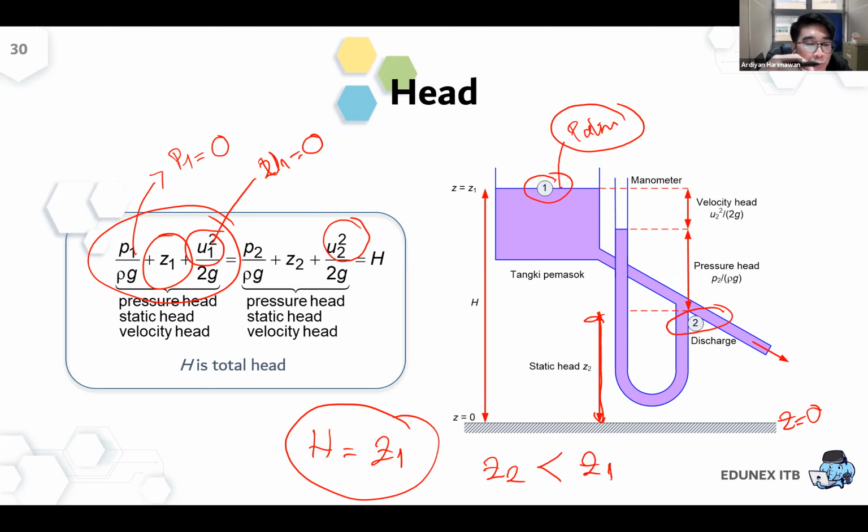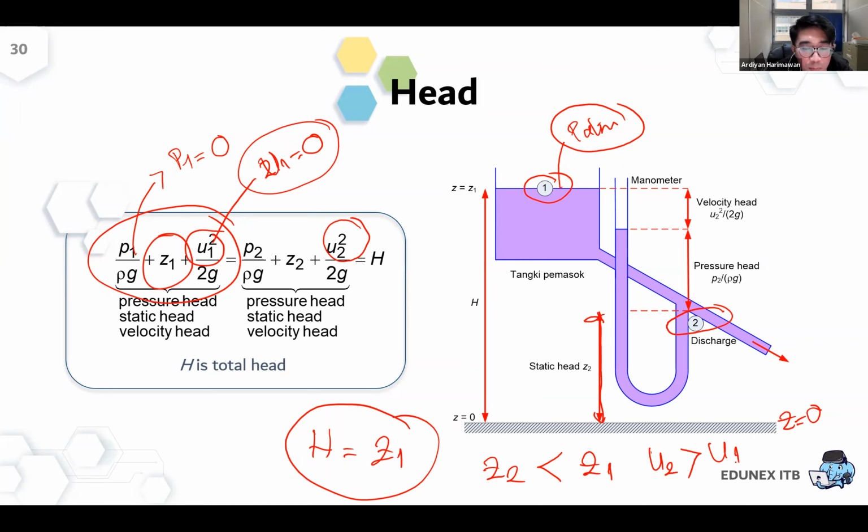Okay, so you will have a decrease in static head, because velocity at point 1 equals 0. The velocity at point 2 will have a value, so velocity at point 2 will be larger than at point 1.